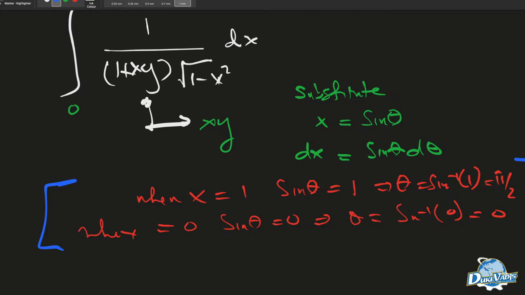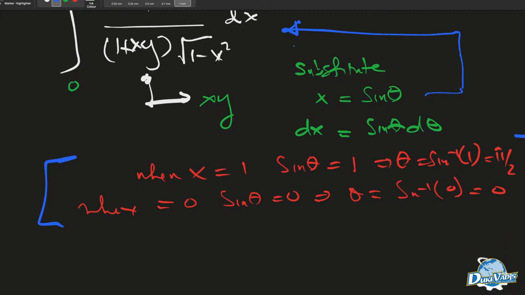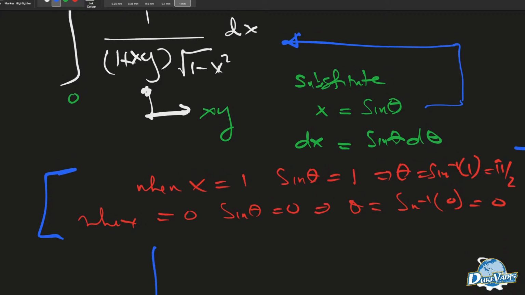So when we substitute this back into our expression, our integration is going to be the integral from 0 to pi on 2 of 1 over 1 plus y sine theta, into the square root of 1 minus sine squared theta, d theta.